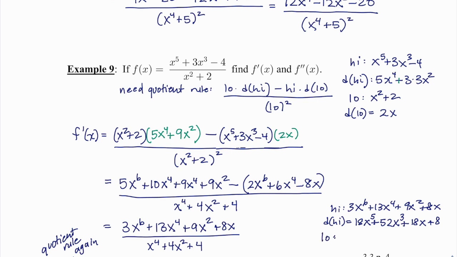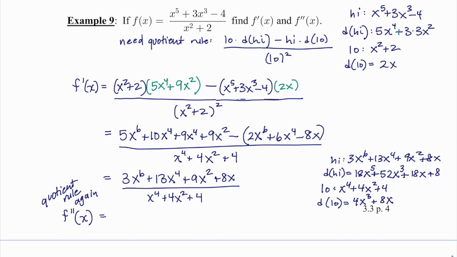Then the denominator, low, will be x to the 4th plus 4x squared plus 4. So d low will be 4x cubed plus 4 times 2, so that's 8x to the 1, and the derivative of 4 is 0.